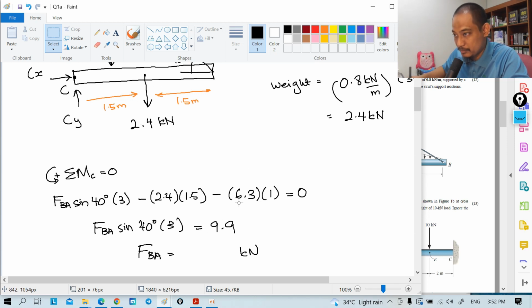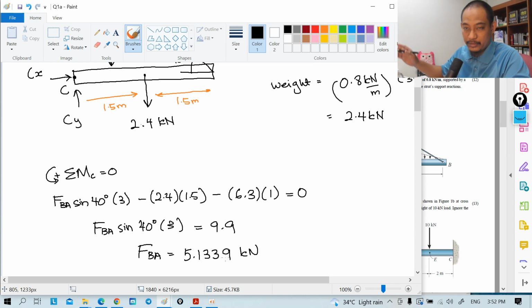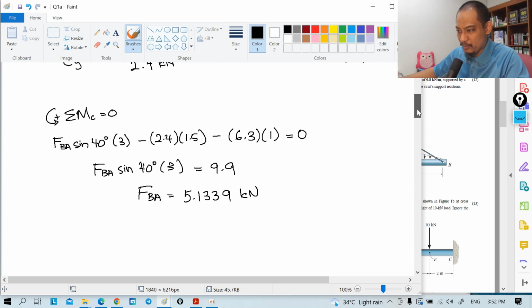5.1339, right? Basically, if you write in full, of course, as a final answer, because for calculation we do need a lot of significant numbers, because we will continue to calculate and we want to reduce the error.